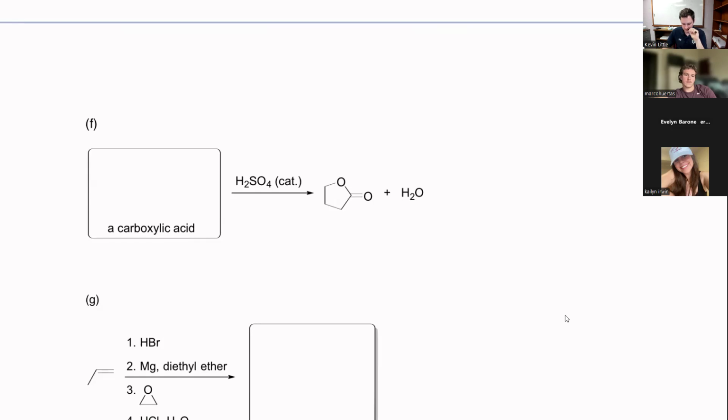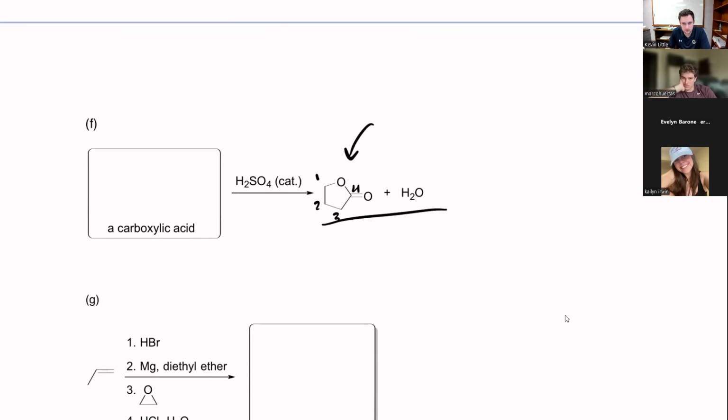So carboxylic acid and this. So now we're having to think backwards again. When in doubt, I've got 4 carbons. What have I formed here? What is this?